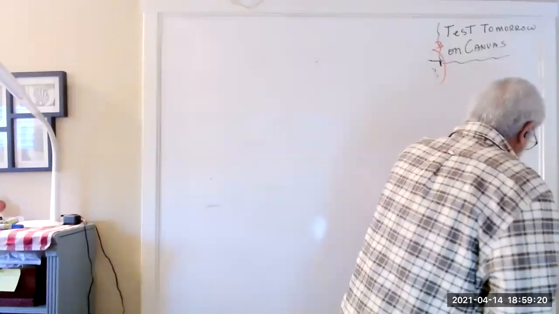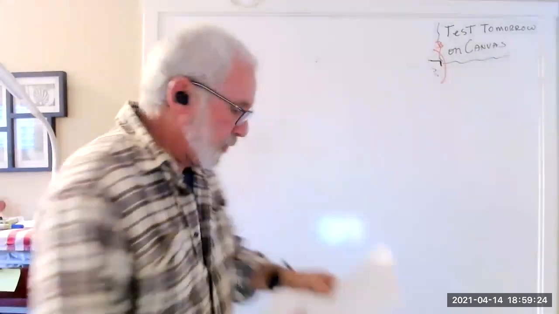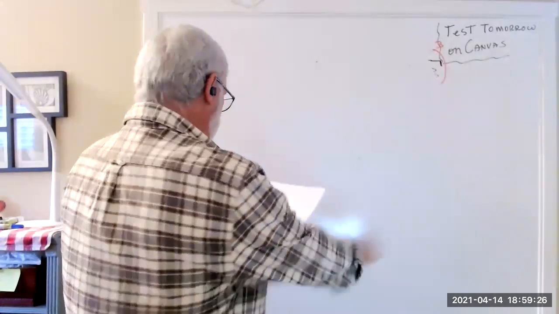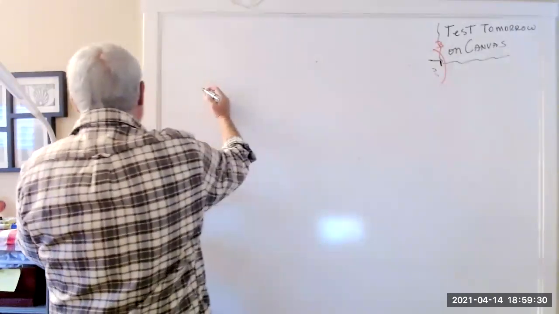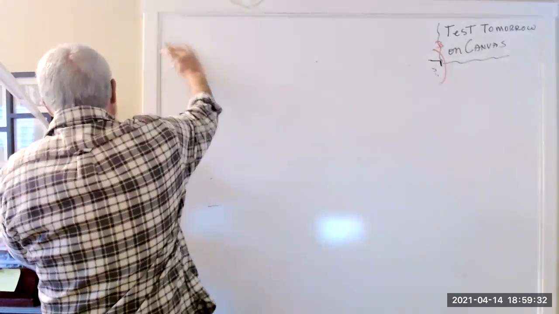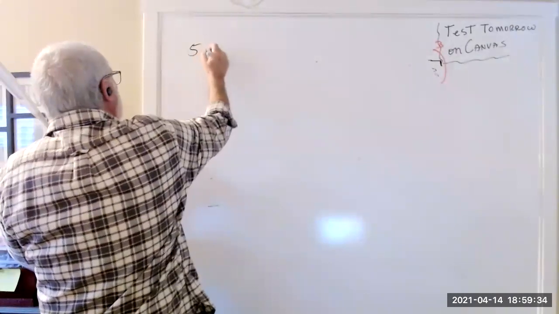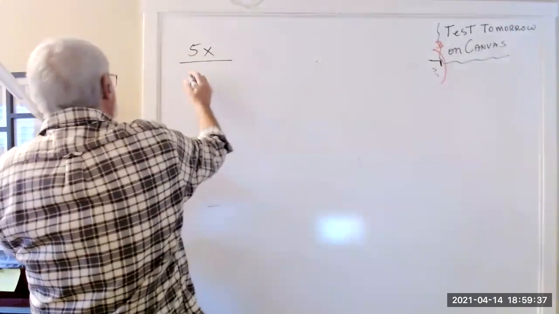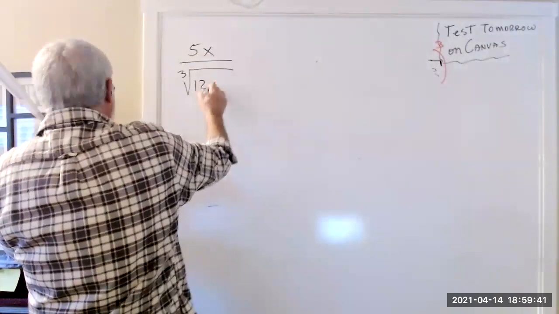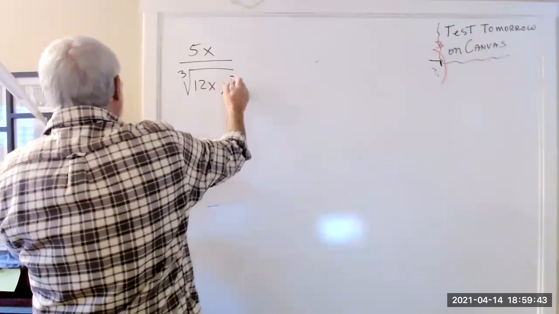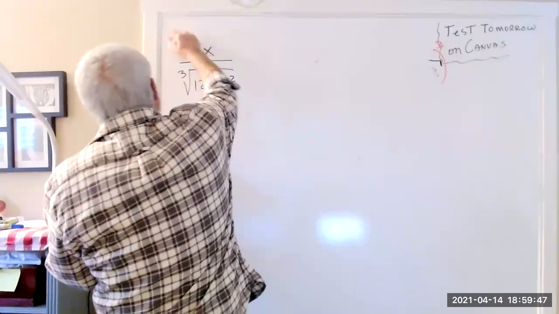I want to give you 4 more problems to try. So try this problem, 5x over the cube root of 12xy squared. That would be number 3.